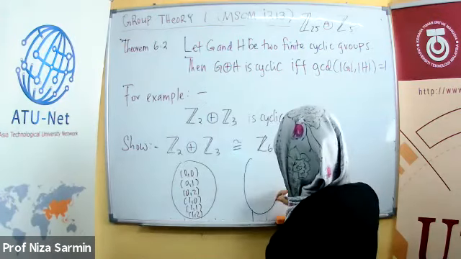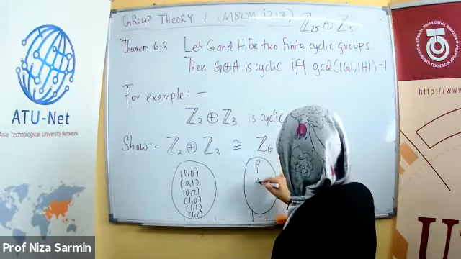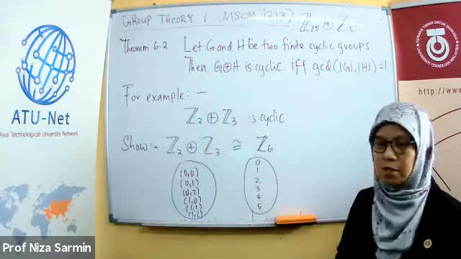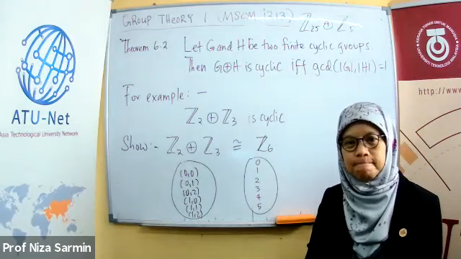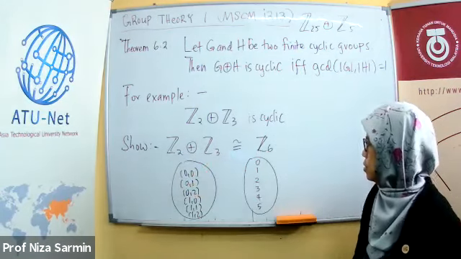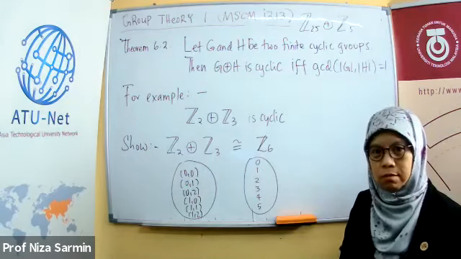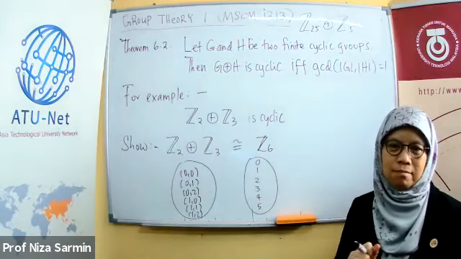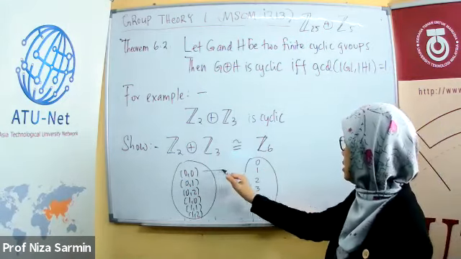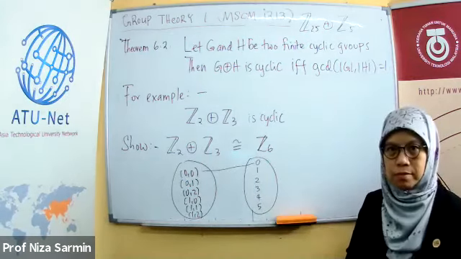Okay, this one is 0, 1, 2, 3, 4, 5. Now, we want to map the identity to the identity.